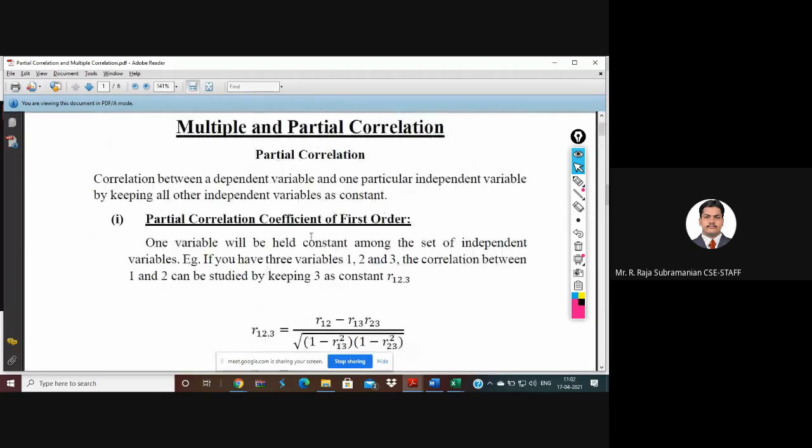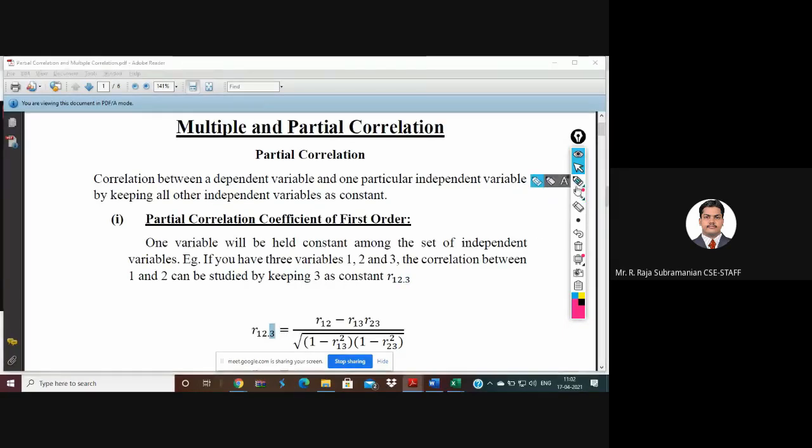See here, when I do partial correlation, it is R12.3. If I ask you what is R12.3, you should be in a position to say what is independent here. Independent are 1 and 2, the set of independent variables, and 3 is kept constant, right?